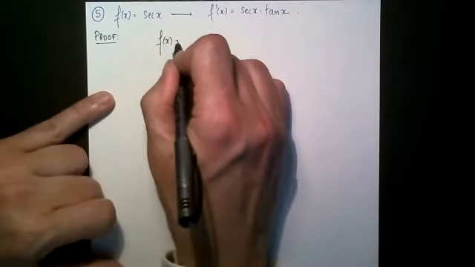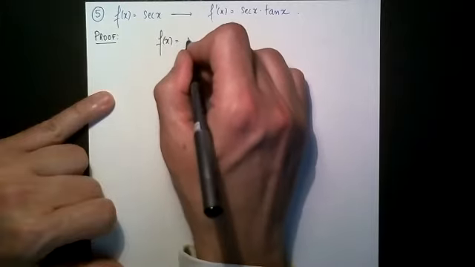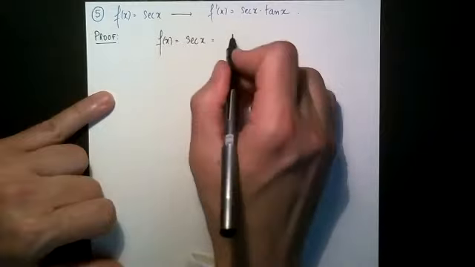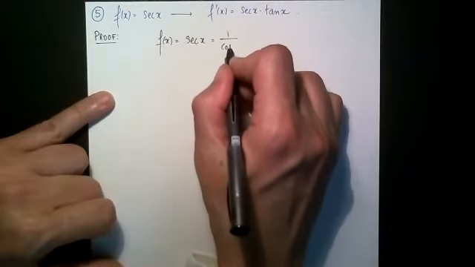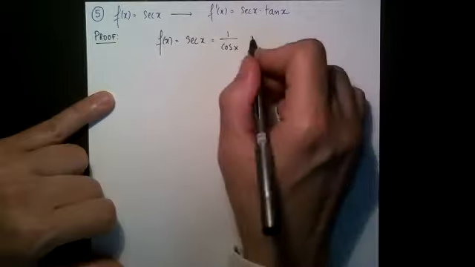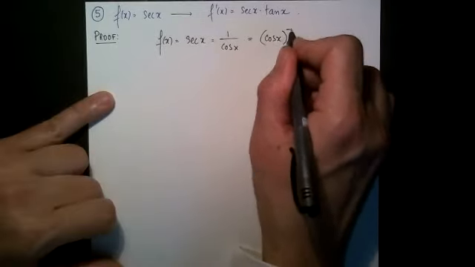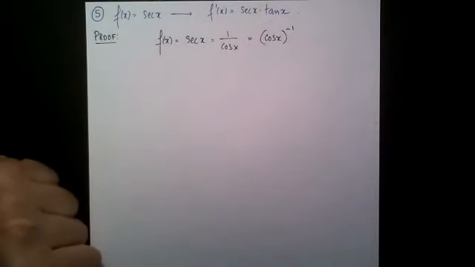Okay, so f of x is equal to secant of x, and secant of x is 1 over the cosine of x, which is equal to cos of x to the power of minus 1. Okay, that's what it is.